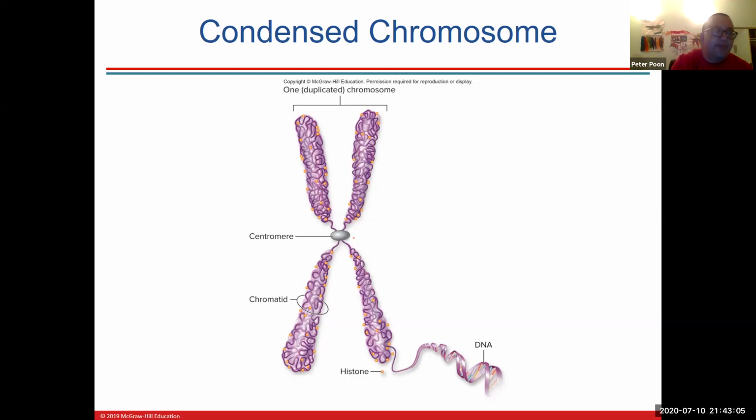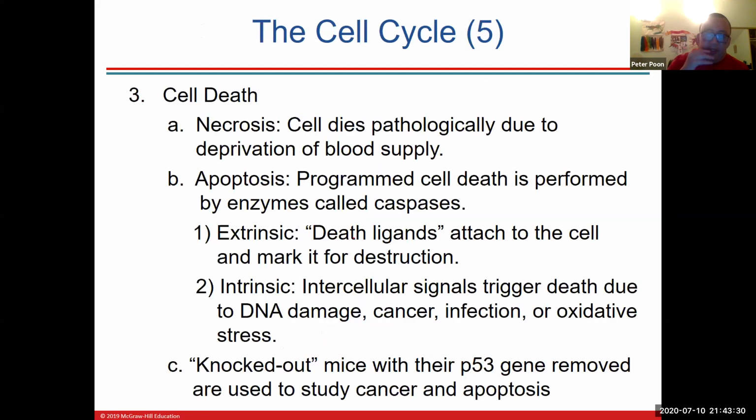I know that in high school and possibly other biology classes, they tell you your DNA is in chromosomes, like this. This is only during mitosis. I'll come back to this in a second. Let me finish all this stuff.